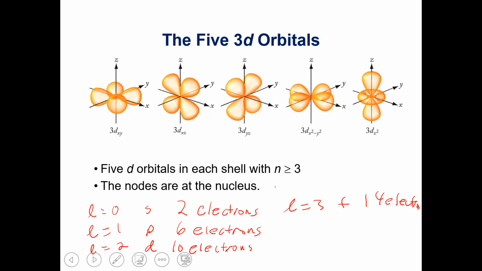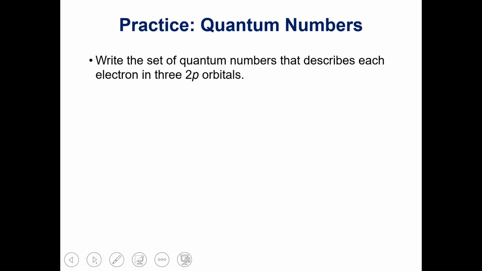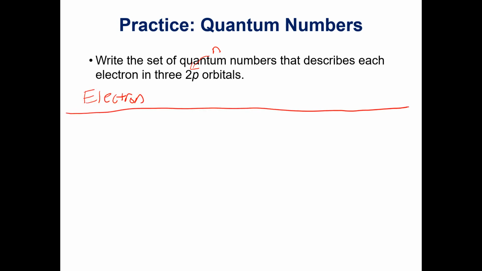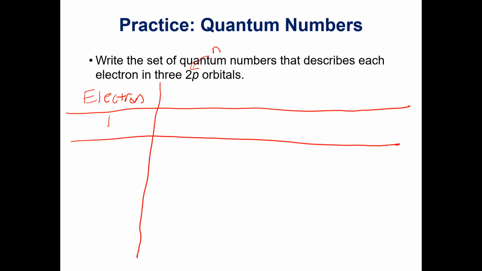So if we go back to our question, we want to write the set of quantum numbers that describes each electron in the 2p orbitals. A p orbital holds 6 electrons, and the number before the p gives us the value for n. So I'm going to make a table here, with a row for each of my electrons.